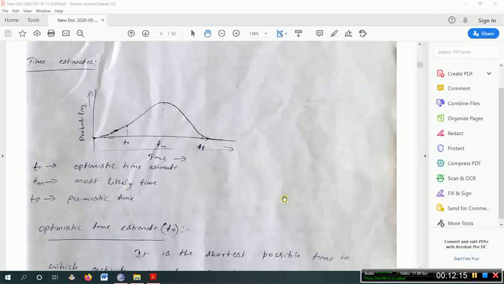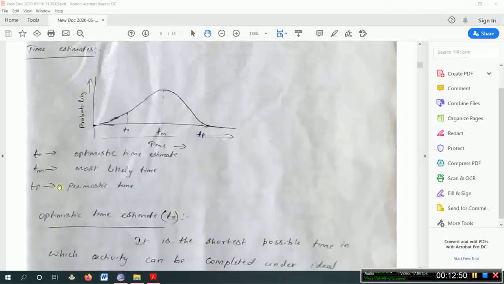Most likely time considers common delays like a power cut, or workers doing some other thing, so the time taken considering all those possible delays is the most likely time. Pessimistic time is the worst case, where the machine or humans take maximum time to complete the work. These are the three time estimates, called TO, TM and TP.